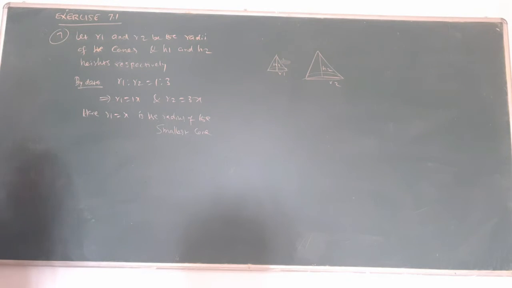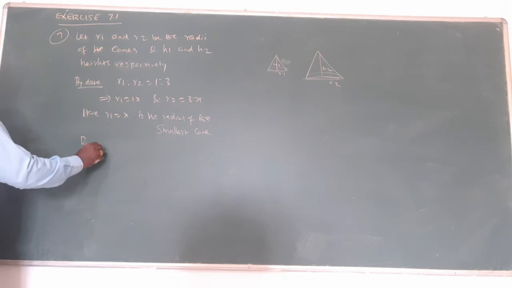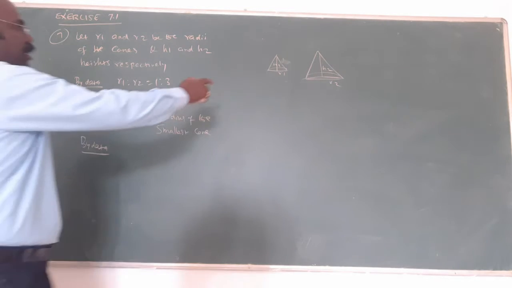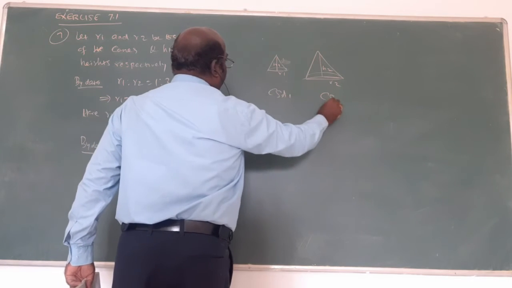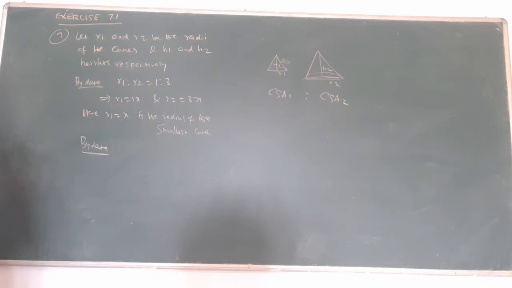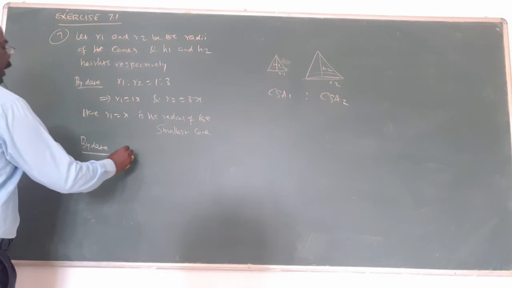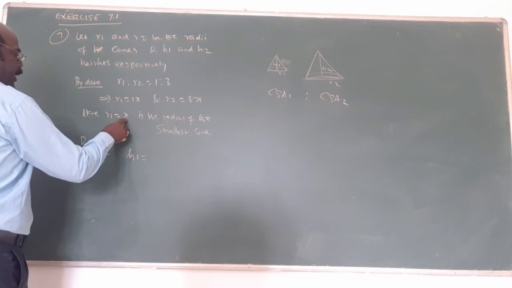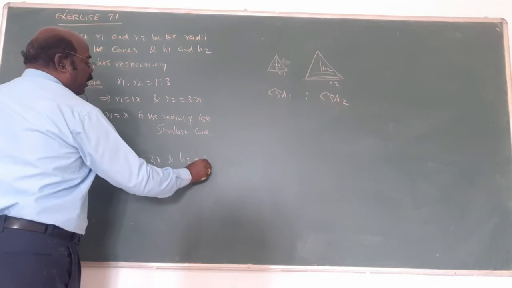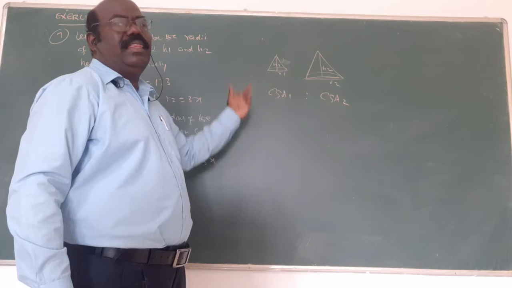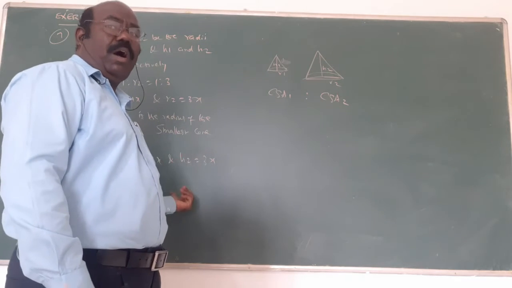Now another data: find the ratio of the curved surface areas. Also, the height of each cone is 3 times the radius of the smaller cone.